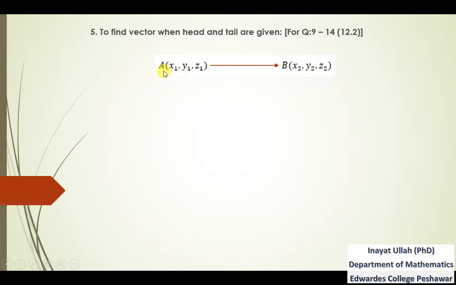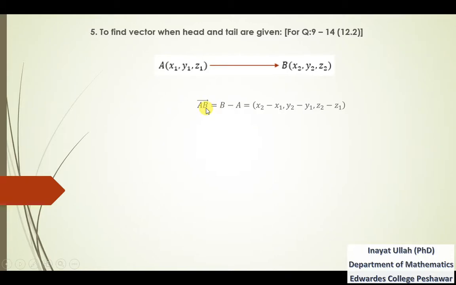To find this AB vector, we subtract A from B. We can say that the AB vector is obtained by subtracting tail from head.